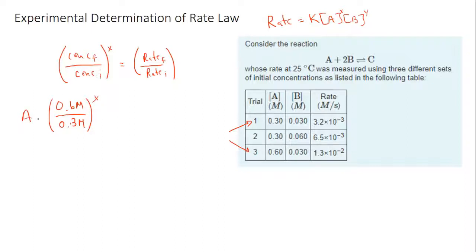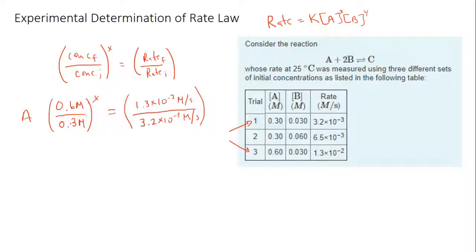and this is for A, and this should equal, what's our final rate? Our final rate is 1.3 times 10 to the minus 2 molar per second, and our initial rate is 3.2 times 10 to the minus 3 molar per second.